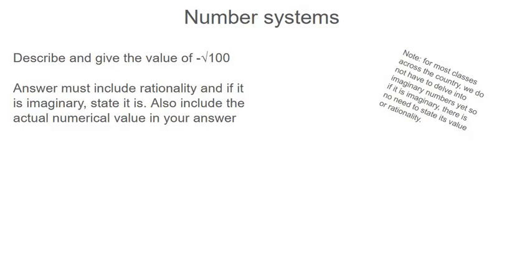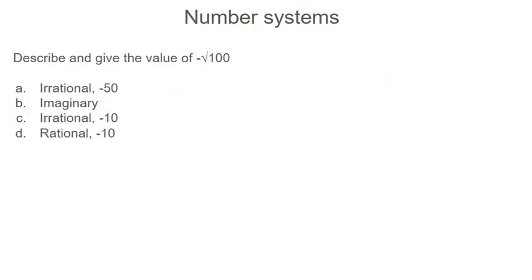However, if it is imaginary, because most algebra classes don't actually go that deep into imaginary numbers yet, you would just have to say it's imaginary. You might be wondering what imaginary is. So, I'm just going to give you the answer choices. Irrational, it's negative 50. Imaginary. Irrational, it's negative 10. Rational, it's negative 10.